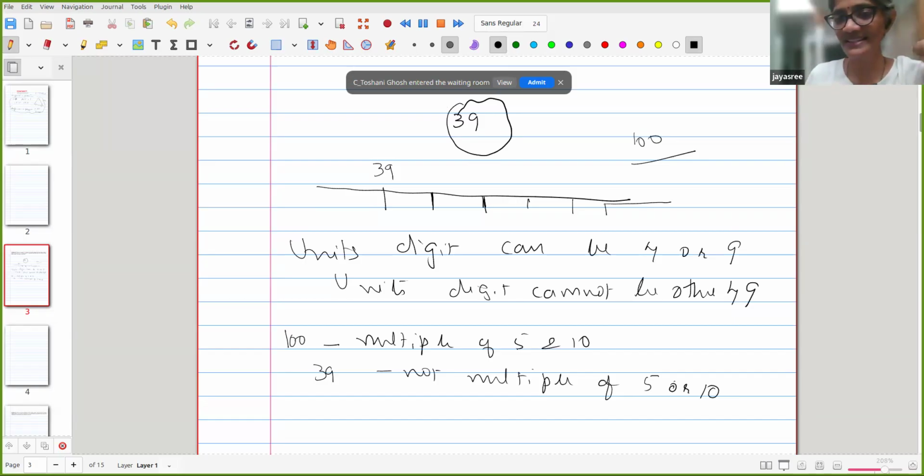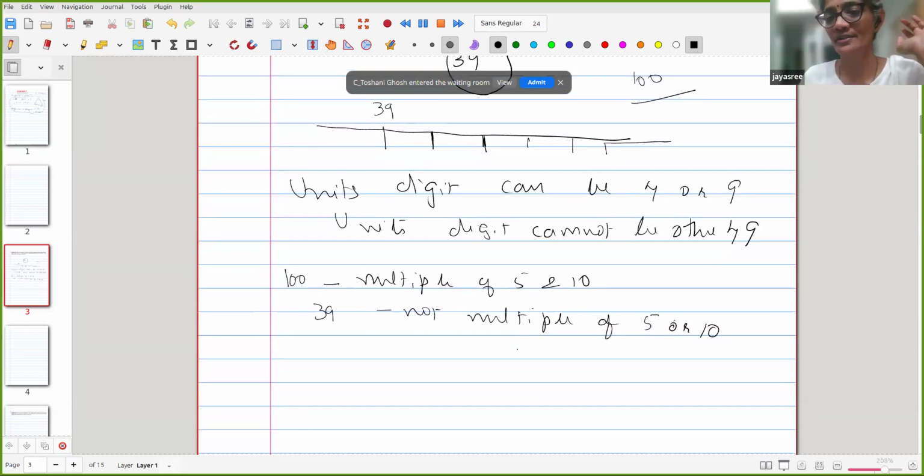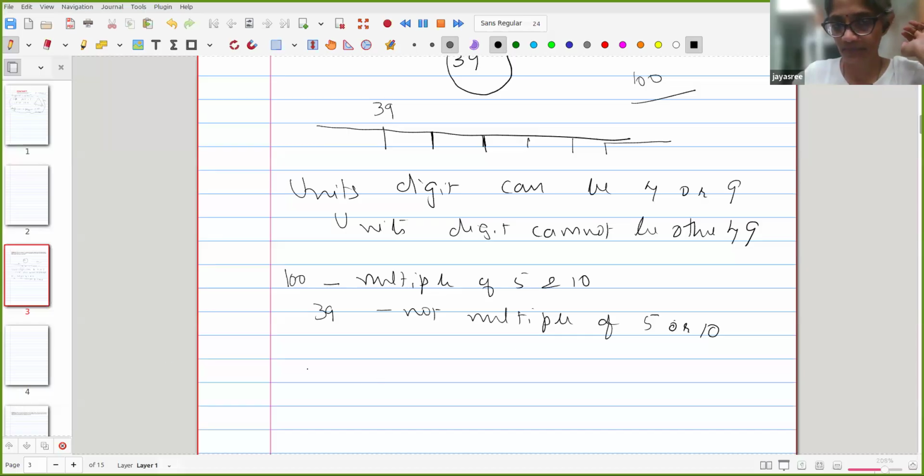Yes, go ahead. Ma'am, so 5 and 10 are multiples of 5, and so if you add any multiple of 5 to another multiple of 5, you will always get a multiple of 5. But if you add some other number, say 39 in this case, to a multiple of 5, you will never be getting a multiple of 5.